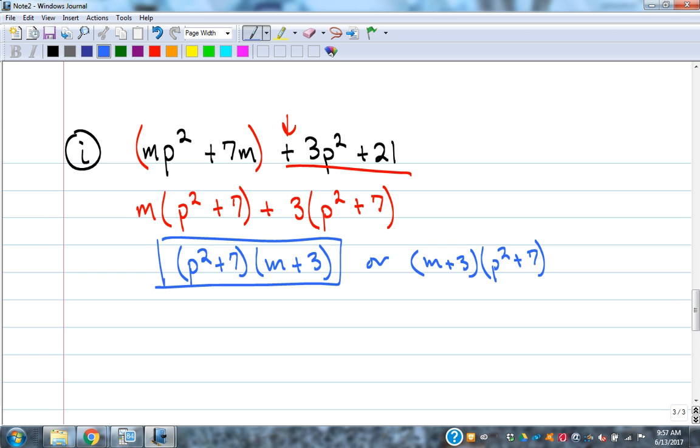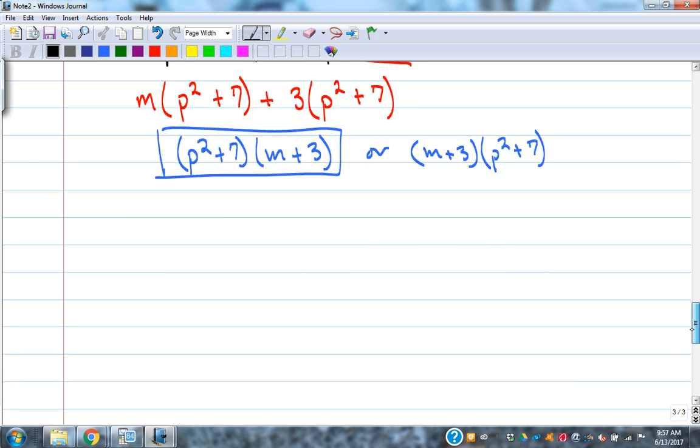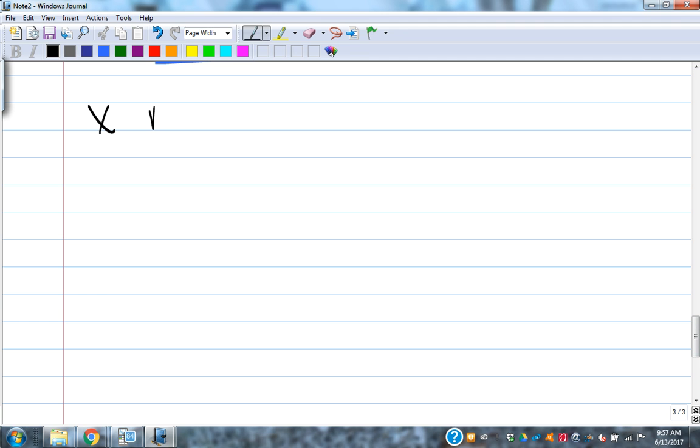Okay. Let's look at the X method next. One of the pillars of being a mathematician is the fact that we are boring and we try to make everything look like something we've already done.